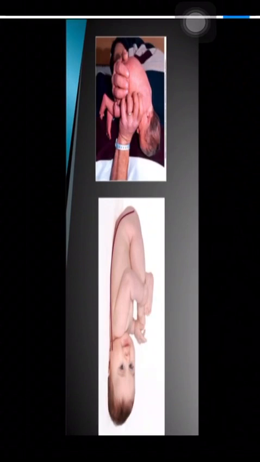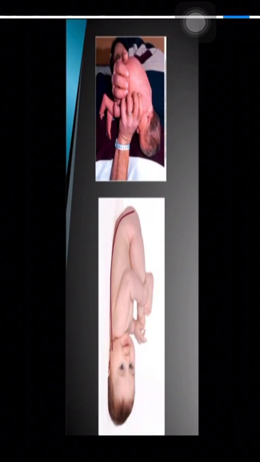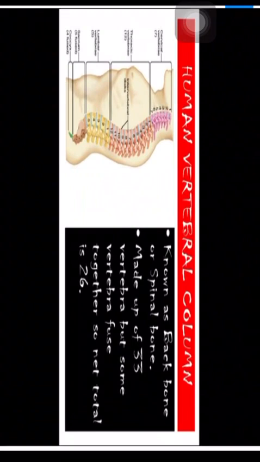If the backbone were made up of a single long bone, it would be difficult for us to bend our body. That's why it is made up of small bones joined together. Now you can see it is made up of 33 bones.